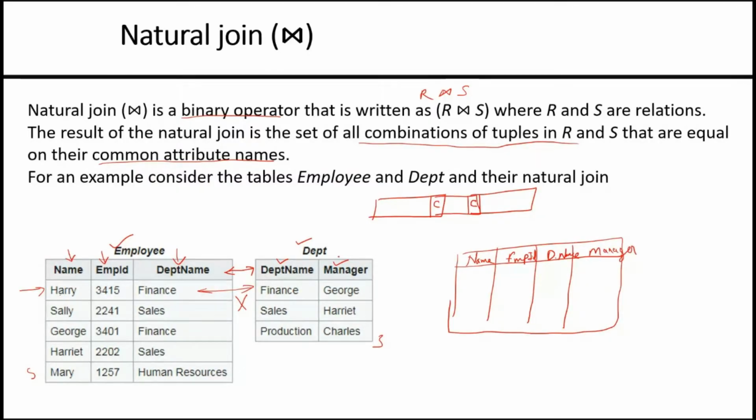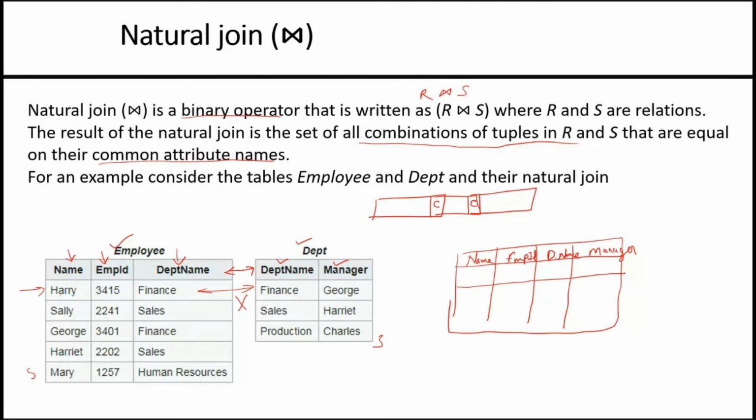So the department name is there 2 times, but we will take only 1 time. If it is a case of cross product, it will appear 1 more time. That's the main difference you have to keep in mind. So how many attributes are there? 1, 2, 3 and 4, because this one is common. And if it is a cross product, then 5 attributes will come.